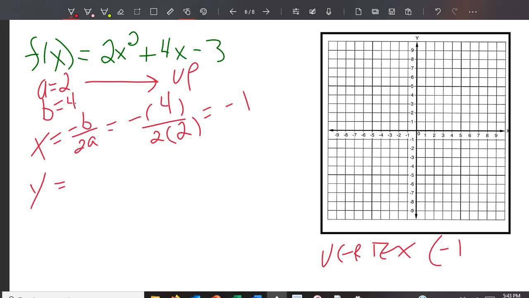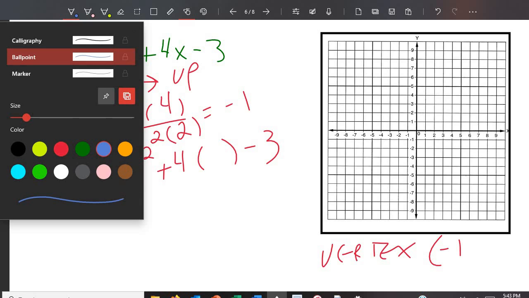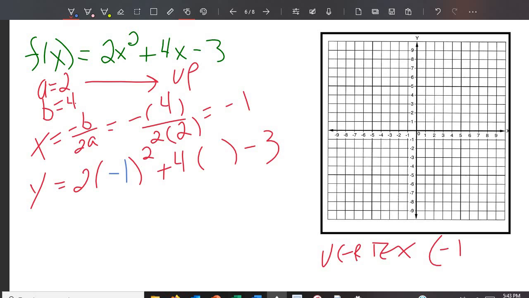To find y, we're going to plug the negative 1 in everywhere x is. We're going to get positive 2 minus 4 minus 3, which is negative 5. So we're at negative 1, negative 5.